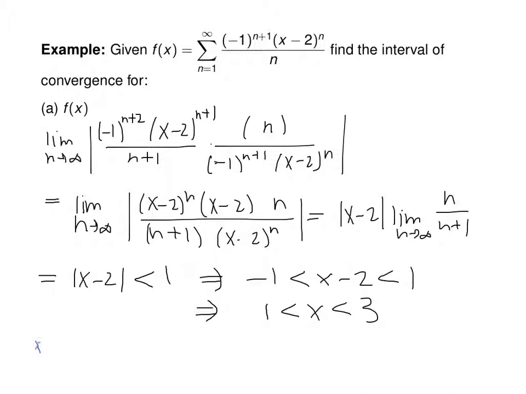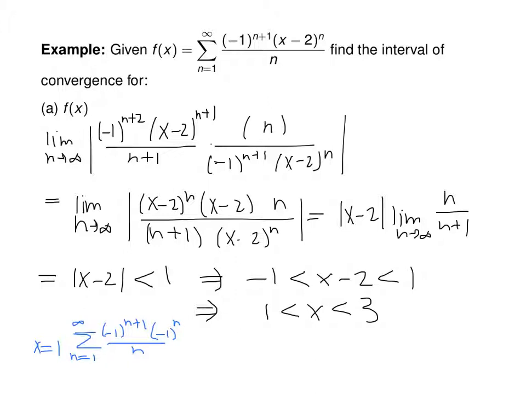So if we test x equals 1, we end up with a sum from n equals 1 to infinity, negative 1 to the n plus 1, multiplied by negative 1 to the n, all over n. And the numerators are going to alternate when you plug in n. It appears that the numerator in this expression will always be negative 1.